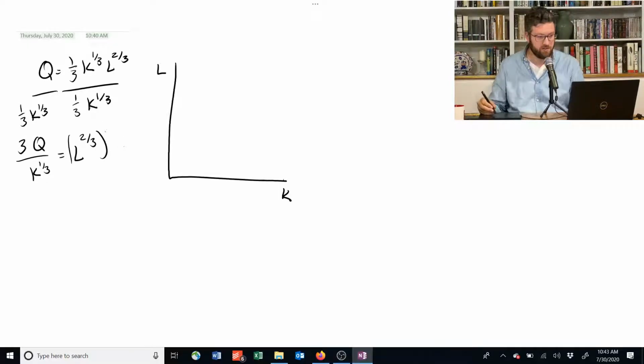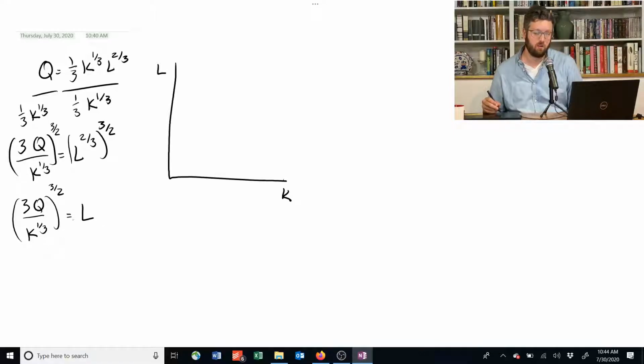So let's raise this to the power of 3/2, because multiplied together they'll equal 1, and we'll be done. We have to do that to both sides. Now we've got 3Q over K to the 1/3, all to the 3/2 power, is equal to L.